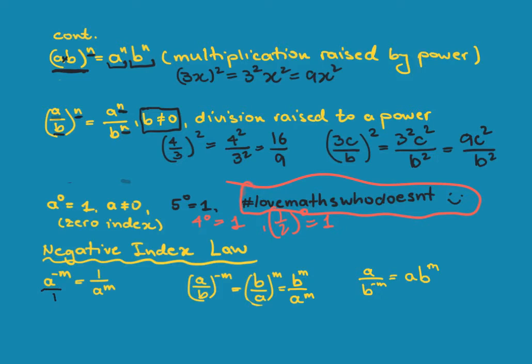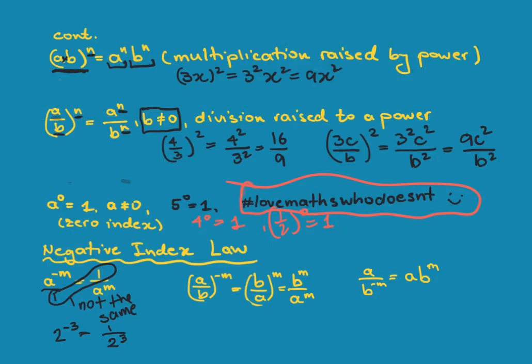Please note that this one and this one are not the same. Let's go with an example straight away. 2 to the power of negative 3 is equal to 1 over 2 to the power of 3.